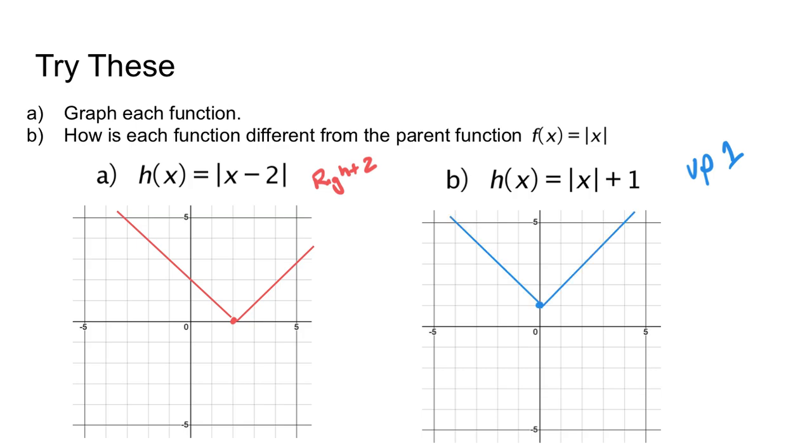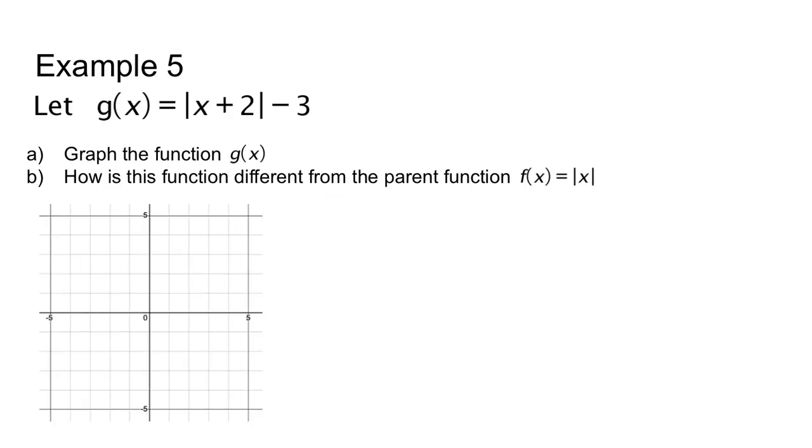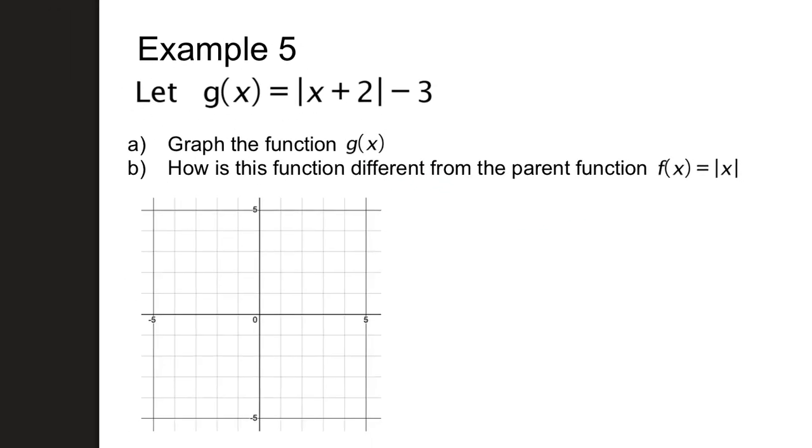Okay. But we're not limited to just doing one transformation at a time. Take a look at this problem. G of x is equal to the absolute value of x plus 2, minus 3. That dramatic pause was very intentional. So if we look at this, we should see that there are 2 transformations to this graph. One dealing with the plus 2 on the inside, and one with the minus 3 on the outside.